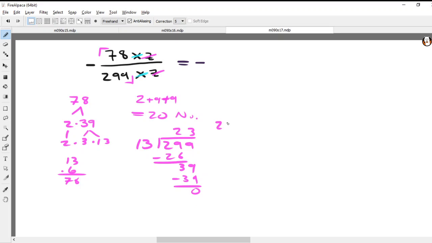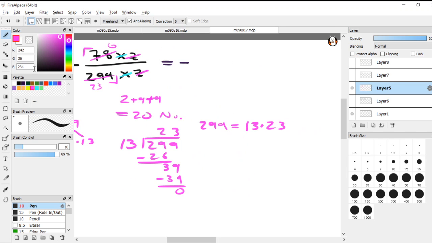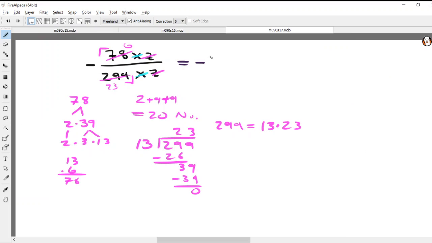So that means that 299 is equal to 13 times 23. So we reduce this down to 23 and this down to 6. What's our answer? Negative 6 over 23. Wow, that was a lot of work for a problem like this.